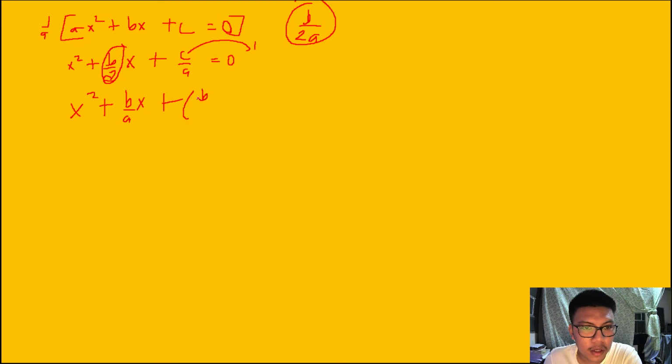So we have b all over 2a squared plus or equal to negative c over a. So transpose lang natin c over a. Then we add also the square of b over 2a squared.